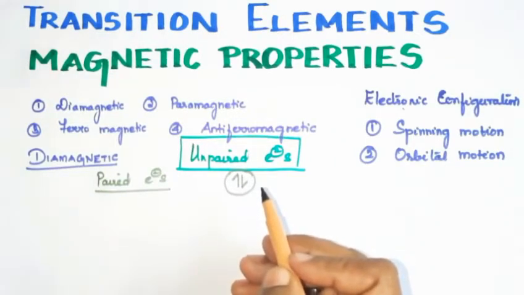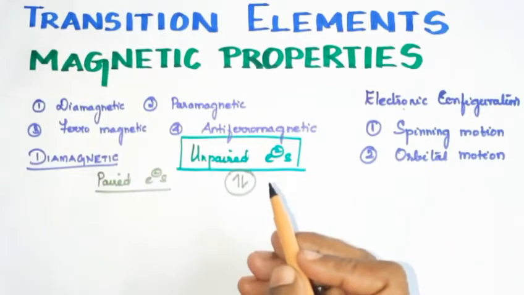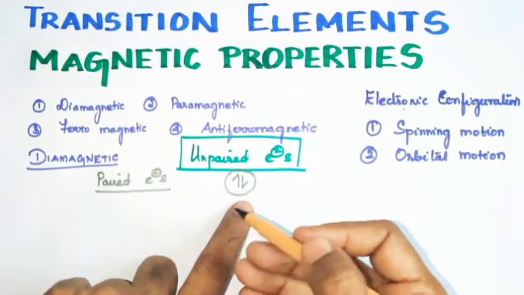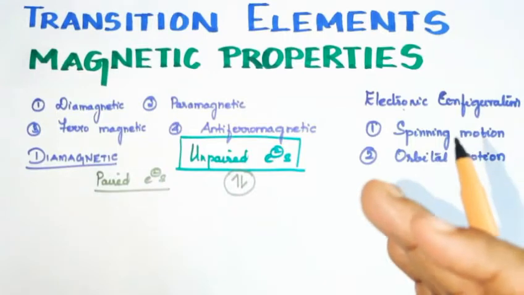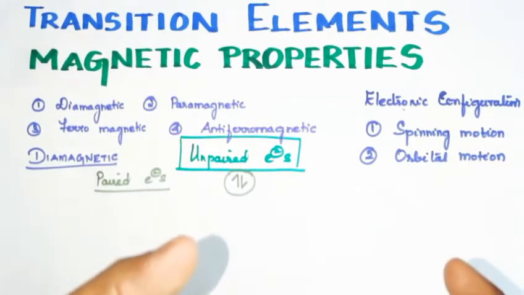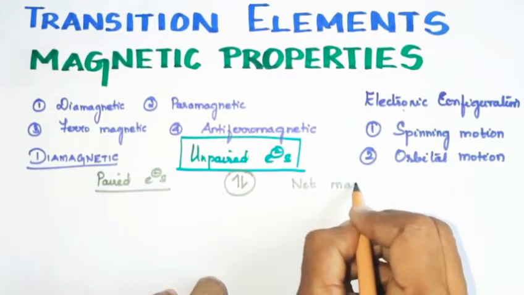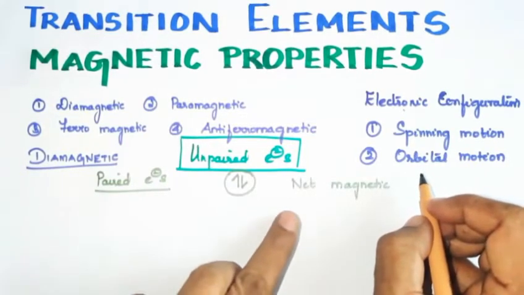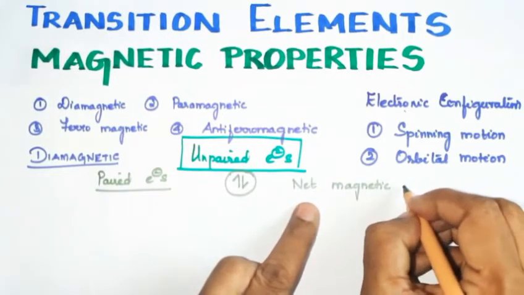The magnetic property created by one electron's rotation is nullified by its paired electron. Because the spins are equal and opposite, the net magnetic moment is 0.